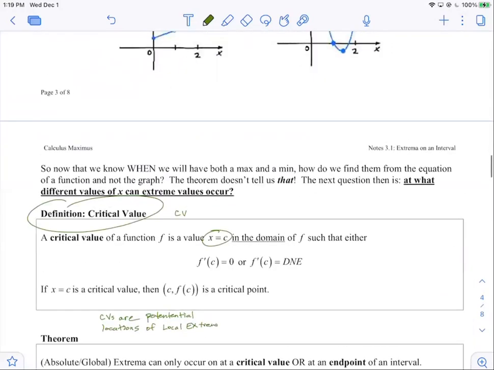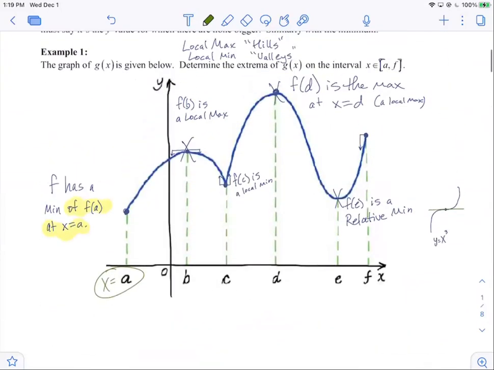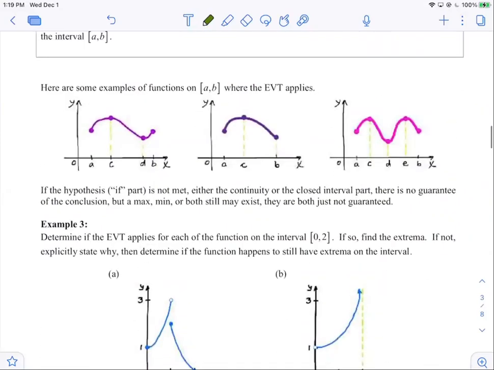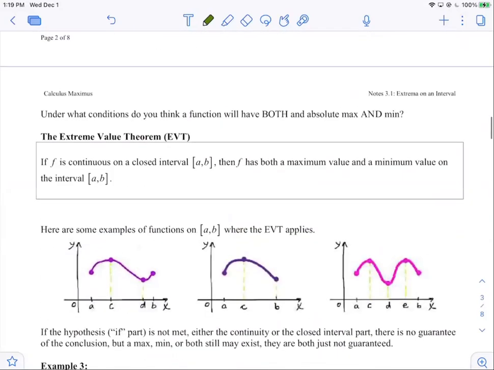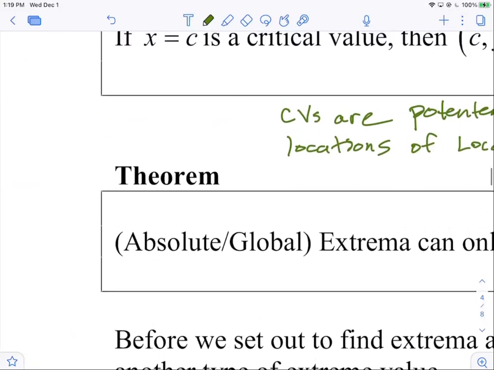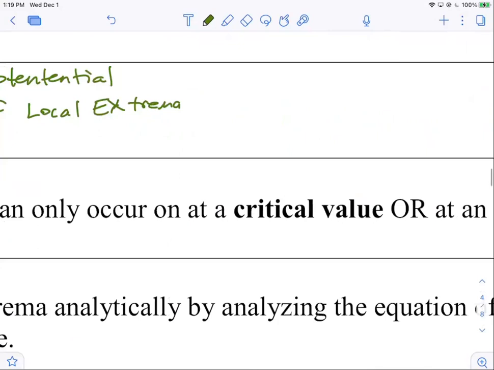All right. So already we've got some terminology. I'm trying to see what's the best way to do this. Okay. I'm going to skip the EVT for just a second. Let's talk about absolute extrema then. This is the other theorem. Absolute extrema, global extrema, can occur at one of two places.